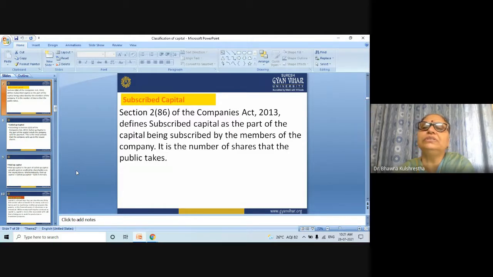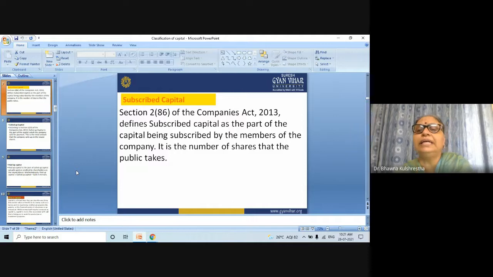Also, Section 60 of the Act specifies the defaulters in this regard. The company and all officers who default will be fined around rupees 10,000 and rupees 5,000 respectively.